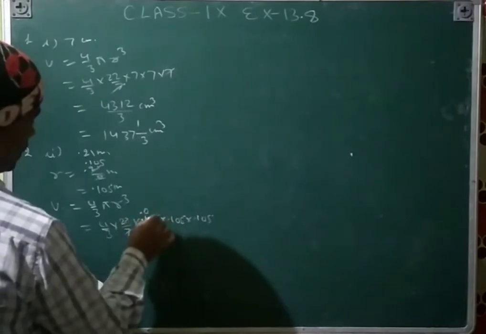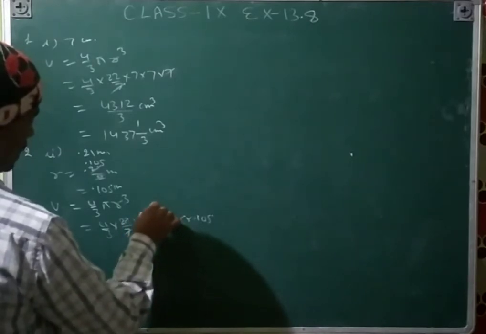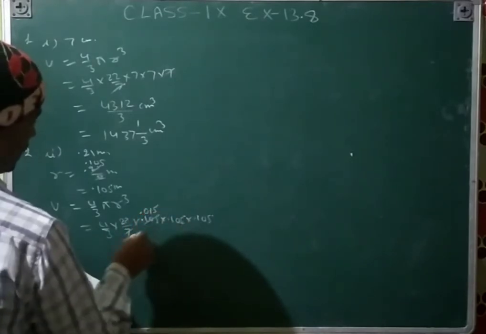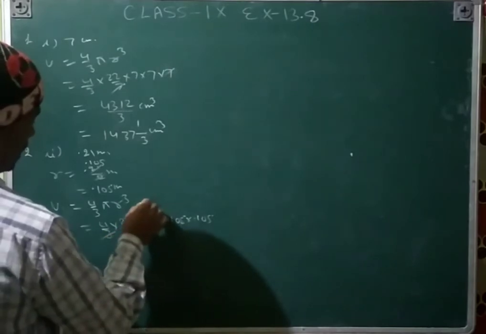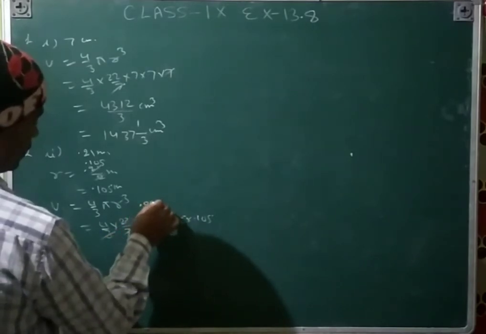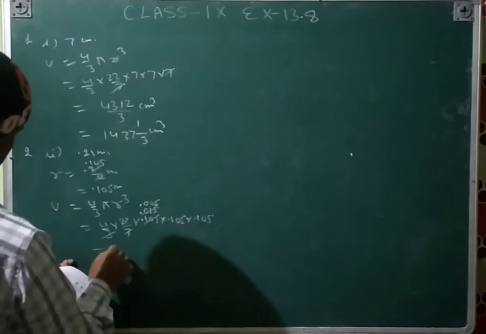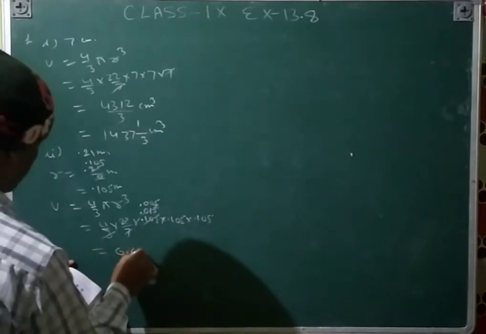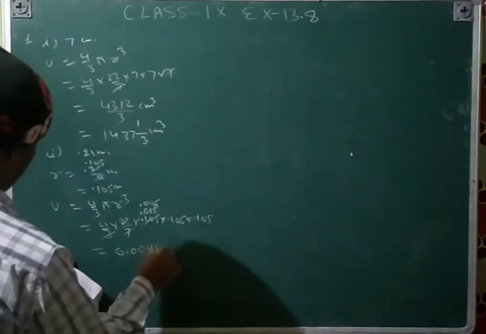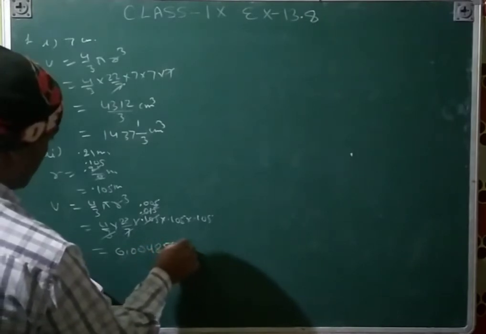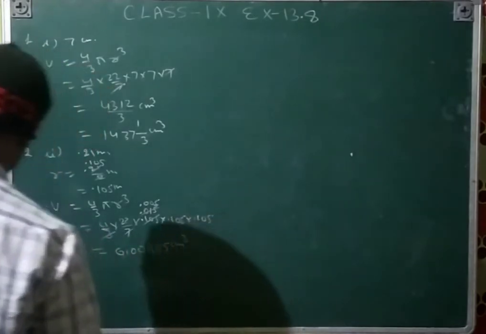After multiplying, that will be 0.00485 meter cube.